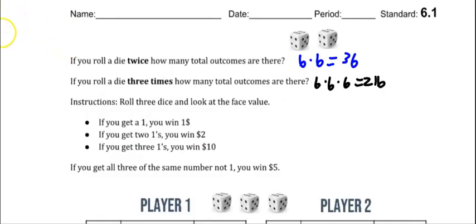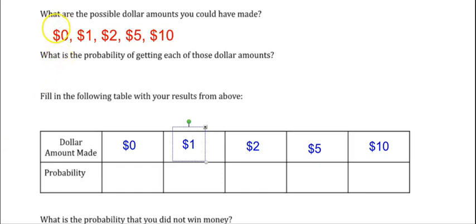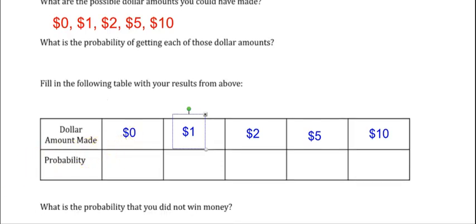Alright, so now that we got that done, our possible dollar amounts were 0, 1, 2, 5, and 10. Now let's put them in the table and find their probabilities. Let's start with the $10. To get the $10, we have to get all 1s, right?